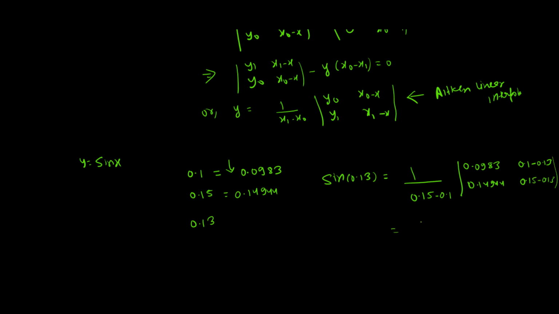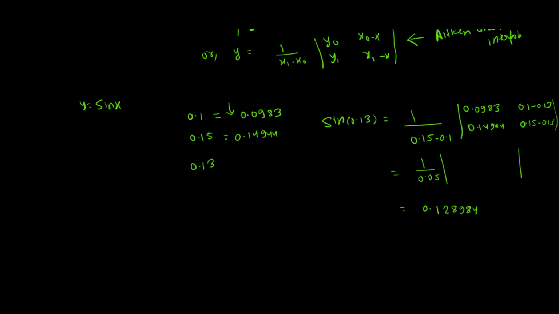So we'll simply calculate the value of this determinant, obviously using my calculator, and you will find the result as 0.128984. So this was all about Aitken's interpolation.